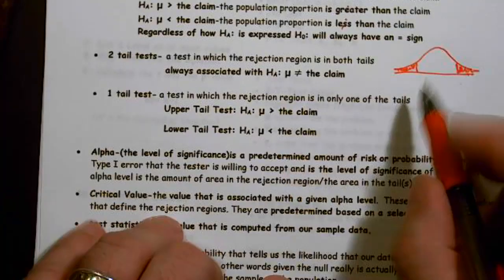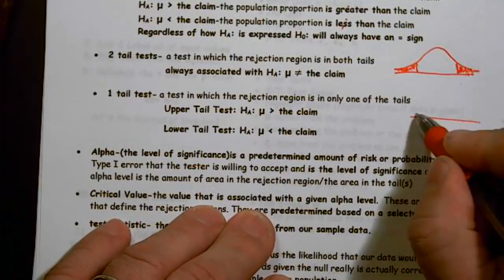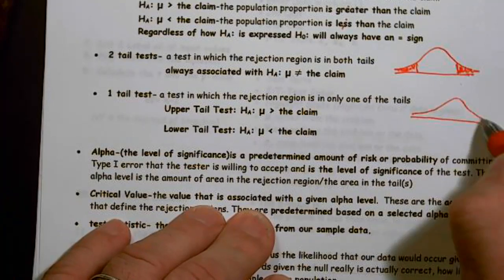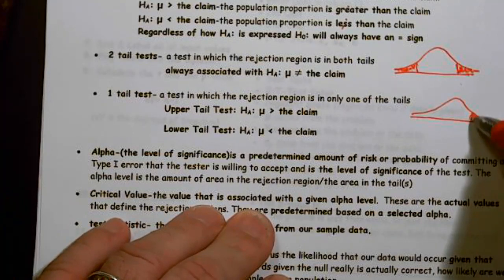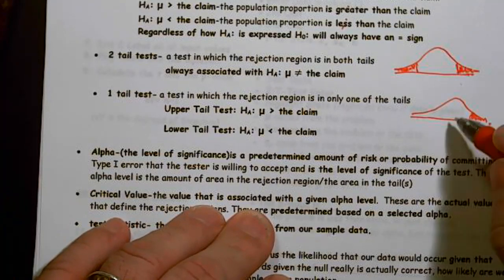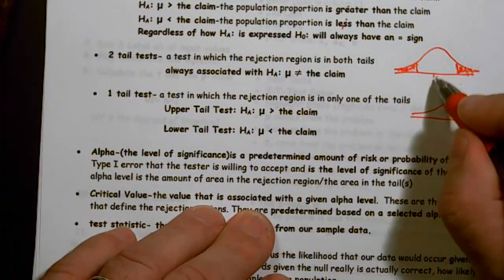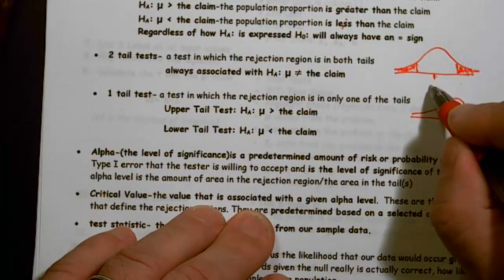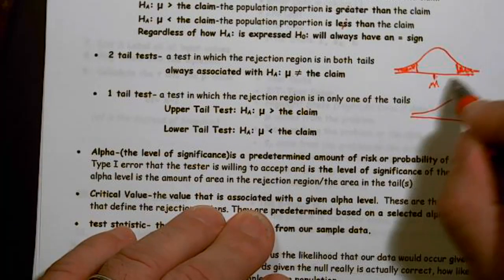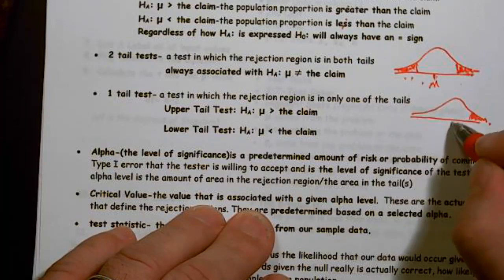A one-tailed test, you could have an upper tail. And if you end up in this shaded area, we reject it. We say, you know what, that's too far away. Because remember, we're calculating a p-value. And we go, you know what, this is the claim mean. And if I'm too far away on a two-tailed test in either direction, I reject this mean.